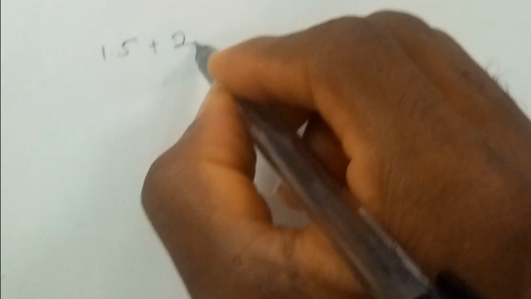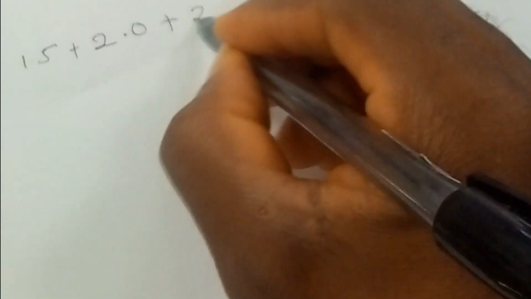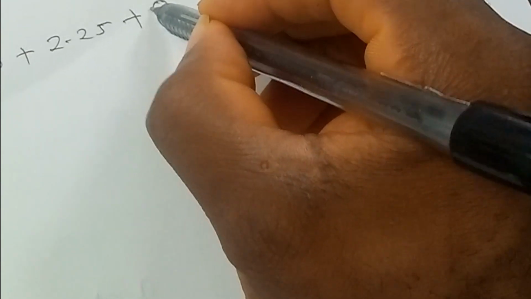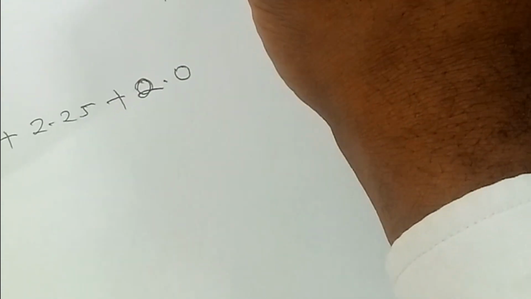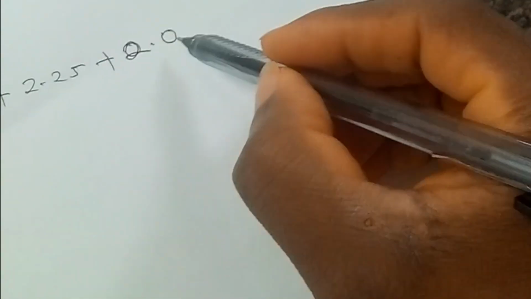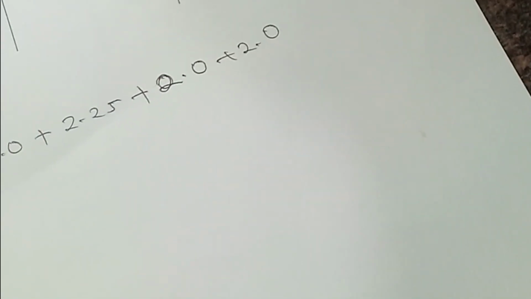That means we are going to say 1.5 plus 2.0 plus 2.25 plus 2.0 plus 2.0, all over 1, 2, 3, 4, 5.